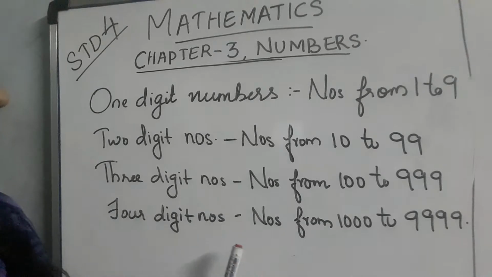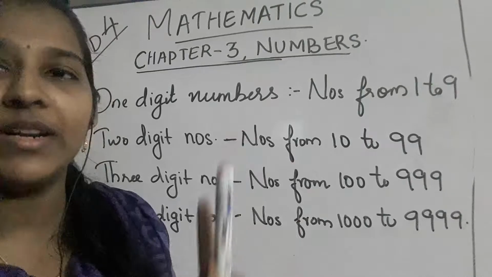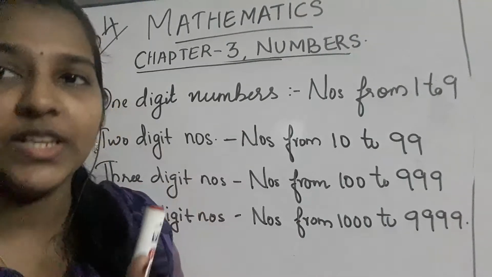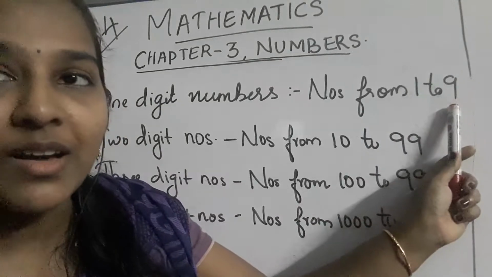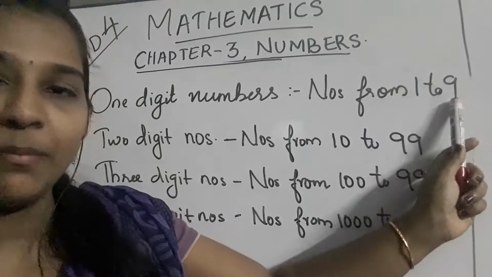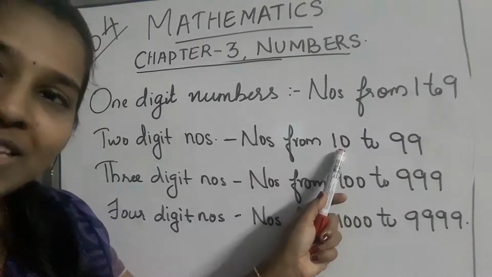And children, look, when we add 1 to the largest one digit number, that is 9, we get the smallest two digit number. 9 plus 1 is 10.